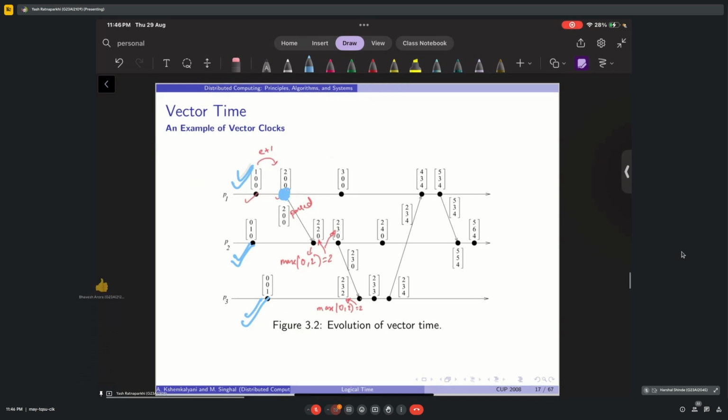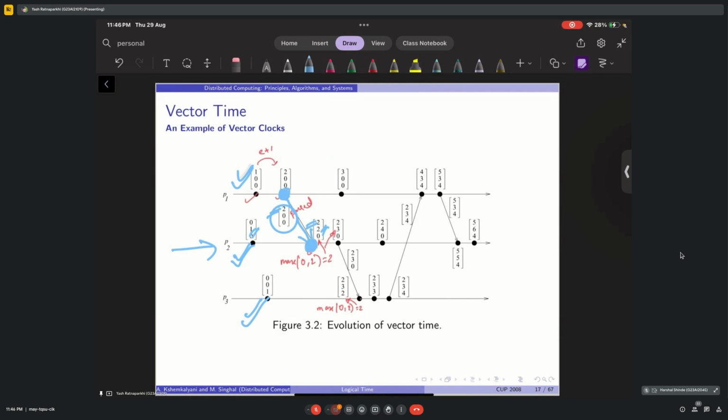When I send the message to the second process, this 2, 0, 0 will be sent along with that particular message. And now P2 will update its local clock on what parameter? On the second row only. Since this event has occurred, this value of 1 will be incremented to 2, and it will take the maximum of P1's value and P2's value for the other entries.